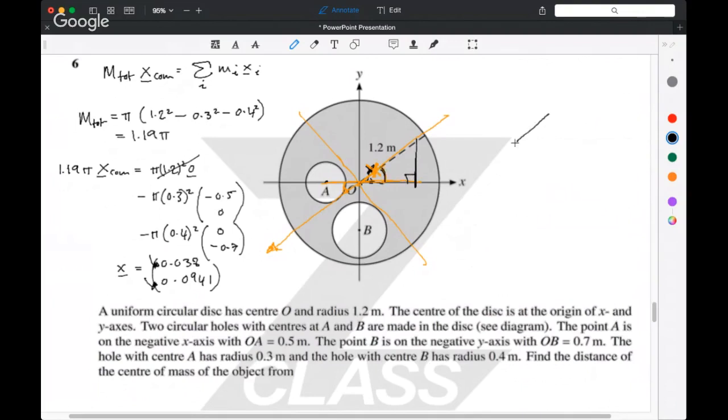Well, this triangle is similar to a triangle which has the x-coordinate of the center of mass on this side and the y-coordinate of the center of mass on that side. That would be the same angle because it sort of goes to the center of mass. And so we can just say that the tangent of that angle is y center of mass over x center of mass, and that gives you the angle.